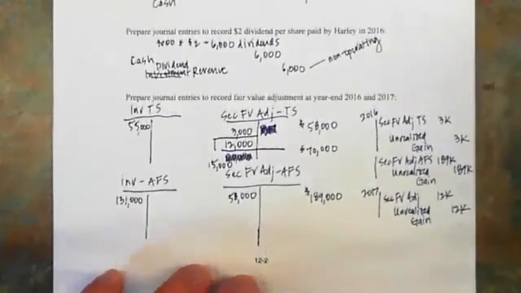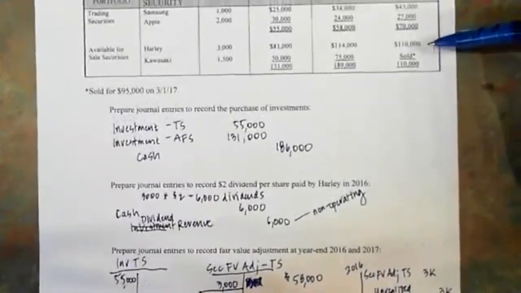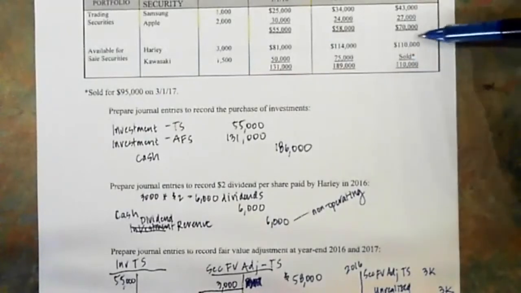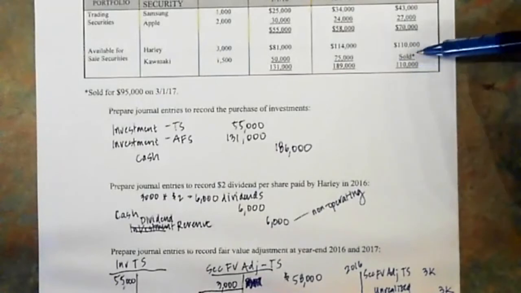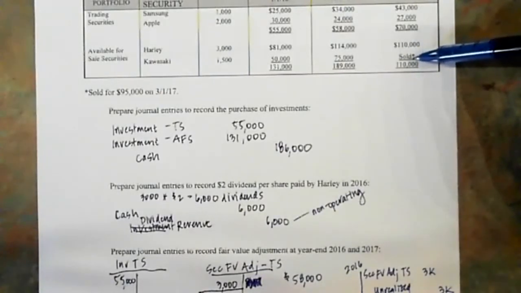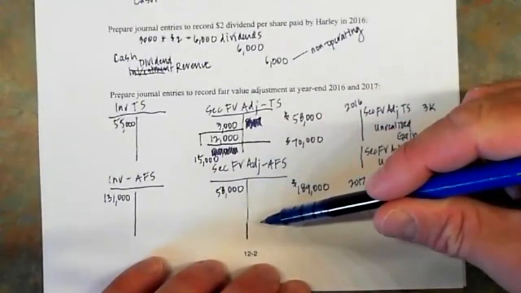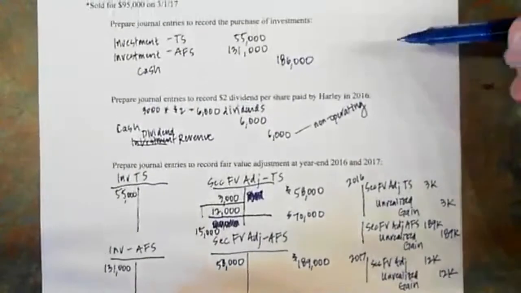On this next one, we have a sale. So I want to go ahead and account for that sale first. When we account for a sale within a portfolio of securities, we're just going to account for the sale very simply, not worry about backing out anything that's in this account. All right. So first we'll account for the sale.